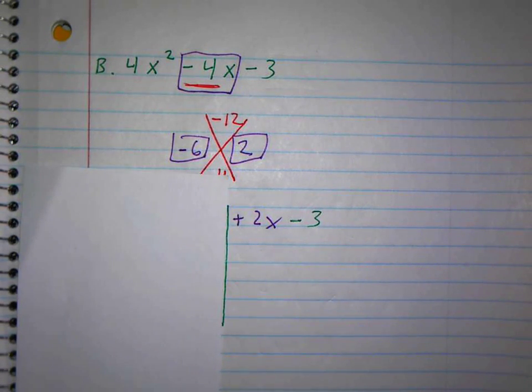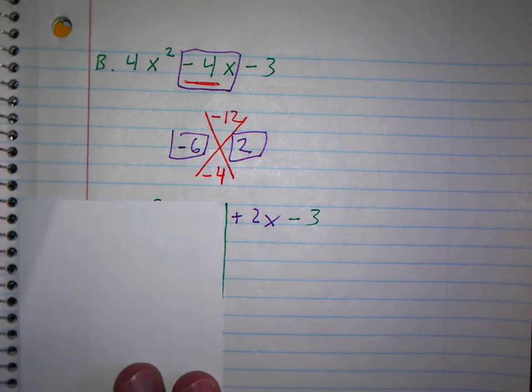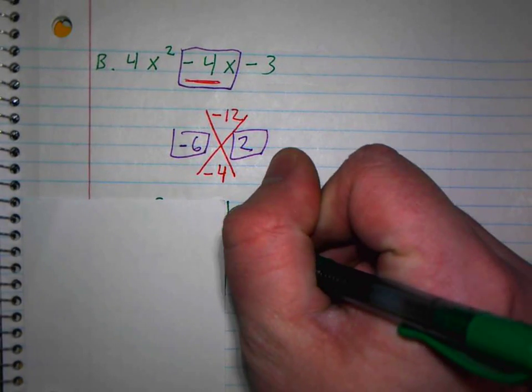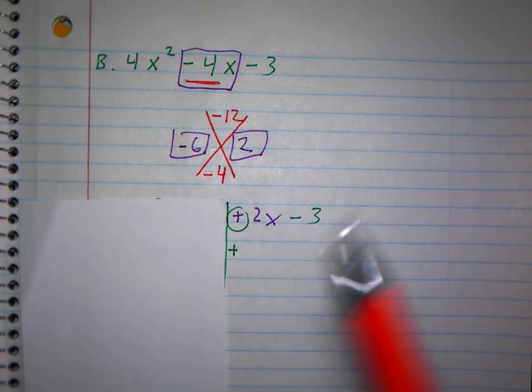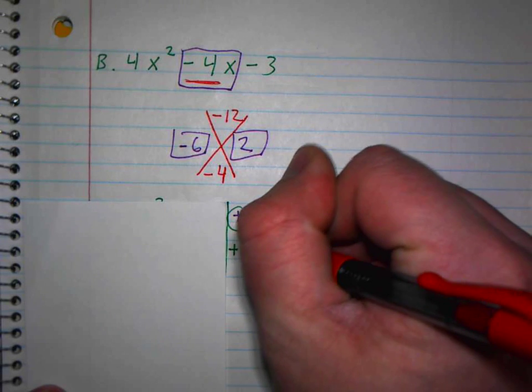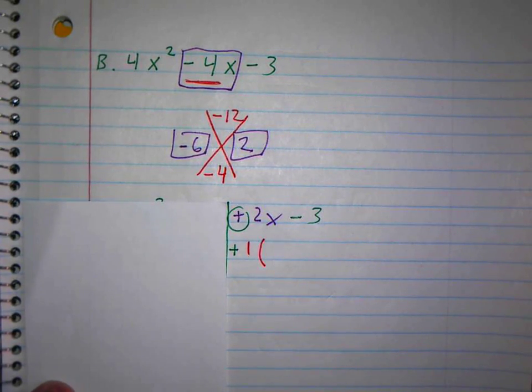What's the GCF of that? They both don't have an x. 1, right? That's the best thing they have in common is 1. So I bring down my plus. Which if you take 1 out of something, it stays the same.